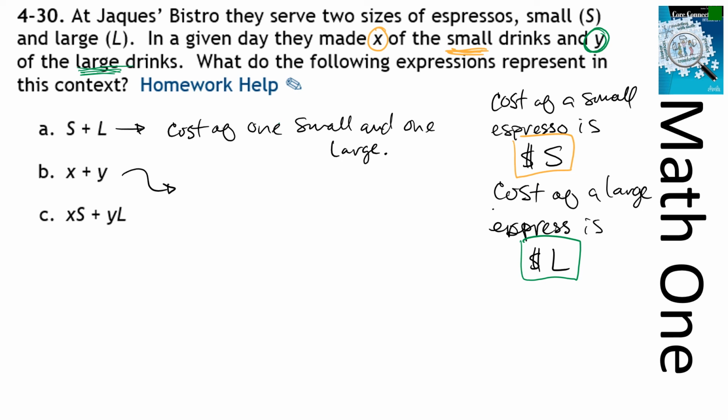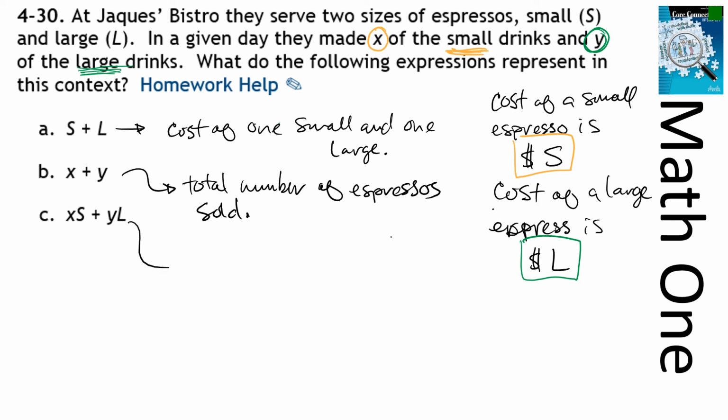Well, if X is the number of smalls that they made and Y is the number of large they made, this would be the total number of espressos sold, right? Some were small, some were large, but that's the total number of them that was sold.